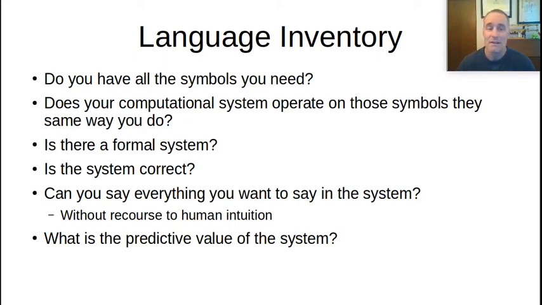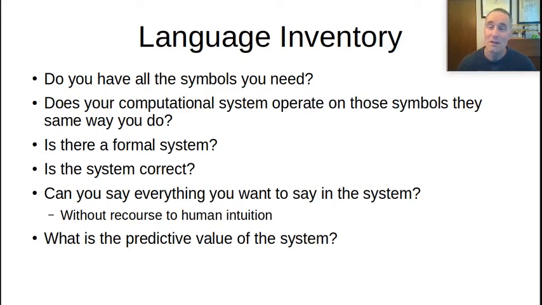And this is closely related to the question, is this system correct? All right, great, you've created a system, just like the ancient philosophers started creating symbol systems about mathematics or about logic. And at first, of course, they didn't get these things right. They didn't have a correct or consistent system. So it's no good to have a symbol system and a computational system that imbues those symbols with semantics if your semantics isn't consistent.